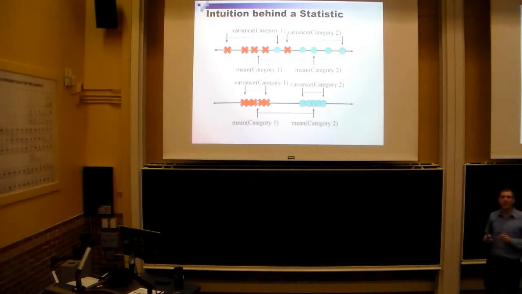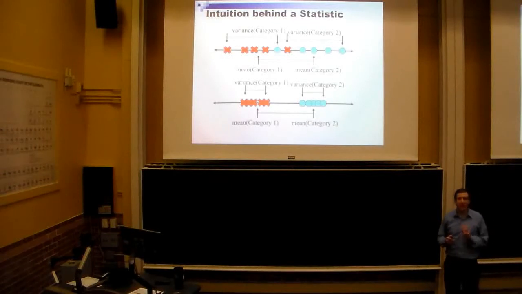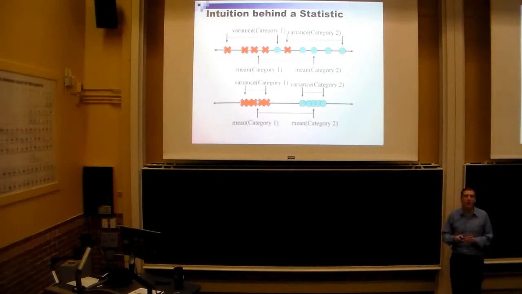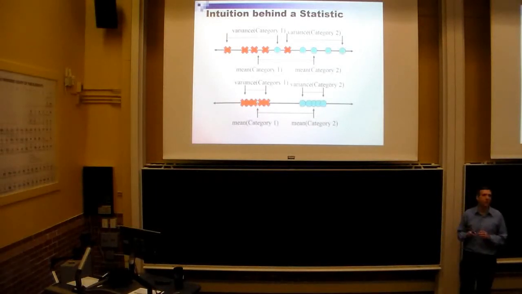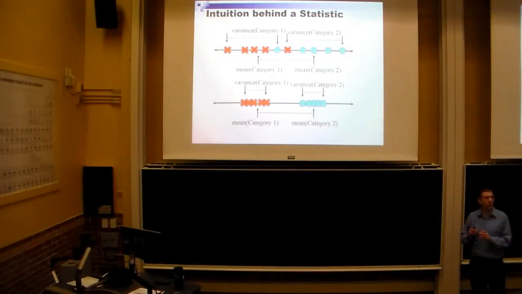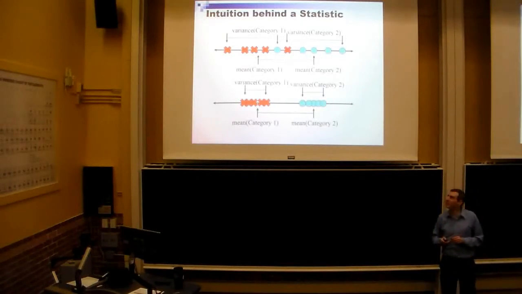QTLs, remember, are quantitative trait loci. The way we would commonly identify that a genetic variant is a quantitative trait locus, that is, there's a significant difference between, let's say, two different allele values of a SNP with respect to some measurable trait like height or weight, is that we would try to reject the hypothesis that the height or weight values from those two alleles were drawn from a common probability density.